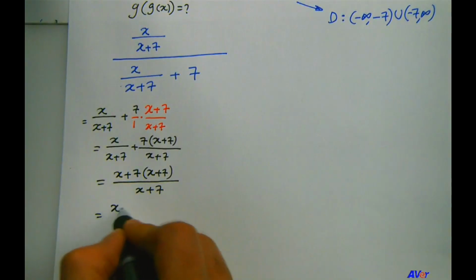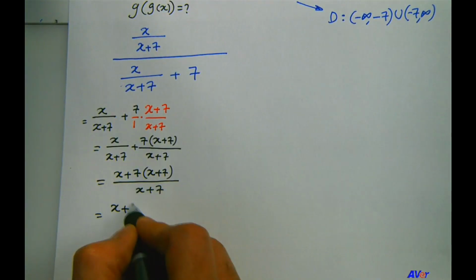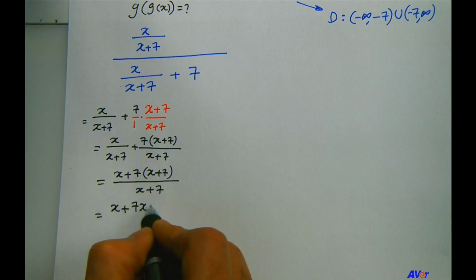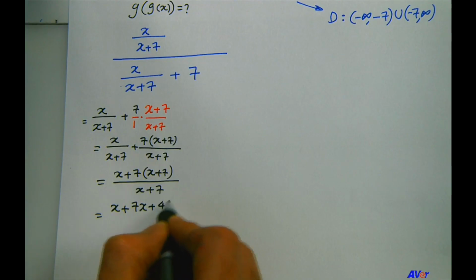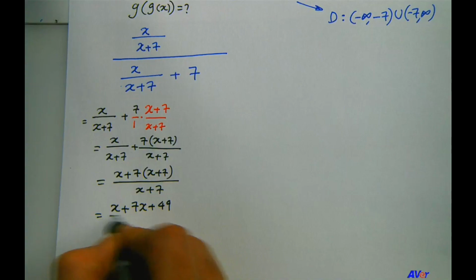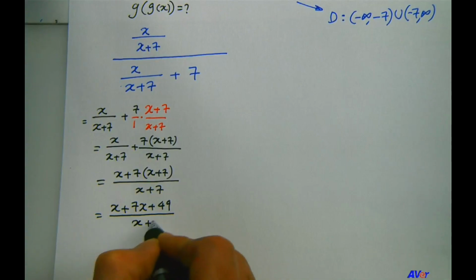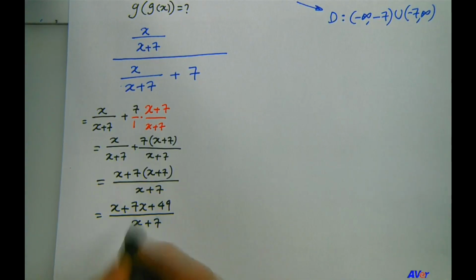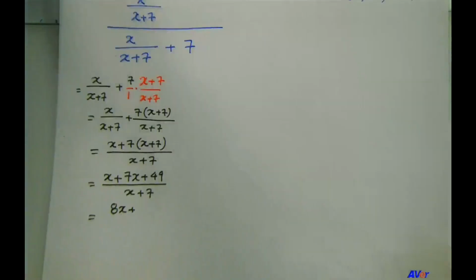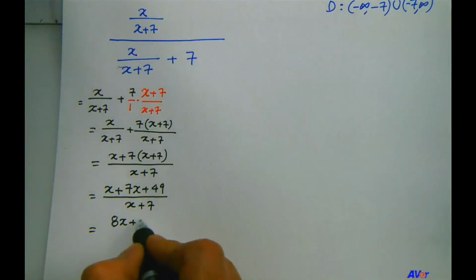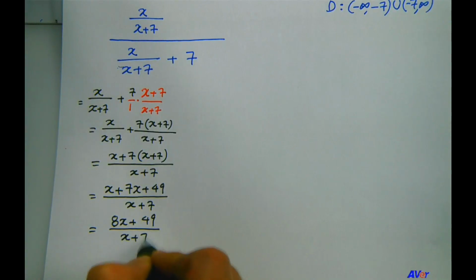We have x plus 7x, I'm distributing the 7, plus 49, 7 times 7, divided by x plus 7. Then we have 8x plus 49 over x plus 7. This is all just to take the common denominator.